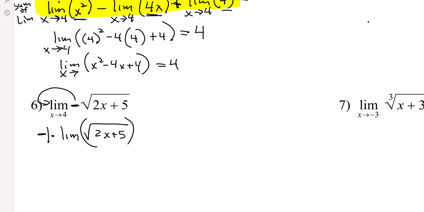And then when you substitute in x, 2 times 4 is 8, 8 plus 5 is 13. And then -1 times the square root of 13 would look like that. You'd show the work, you would do that step next, but your final answer is then going to look like this.